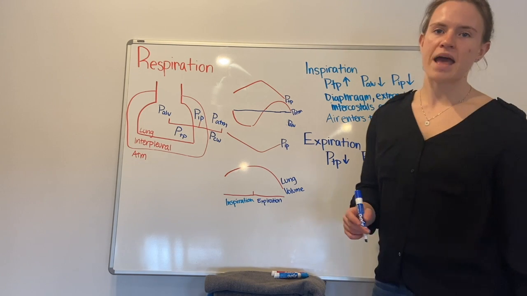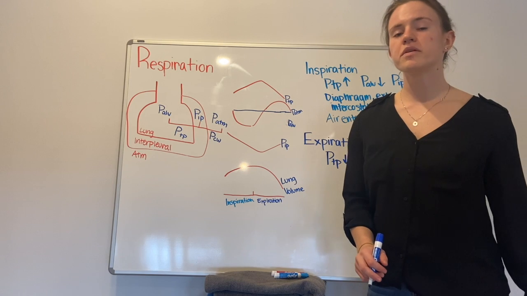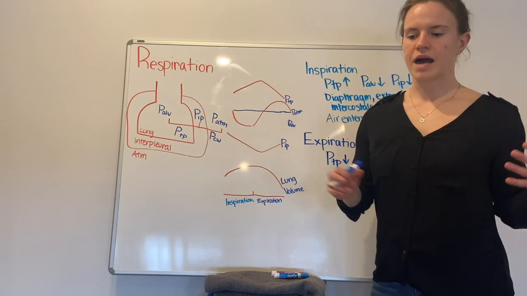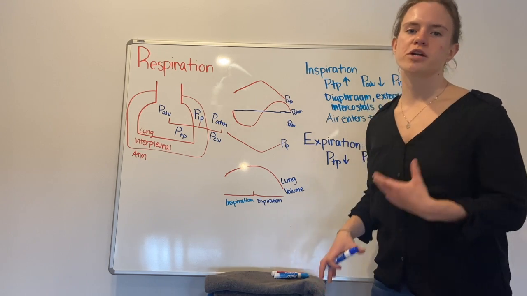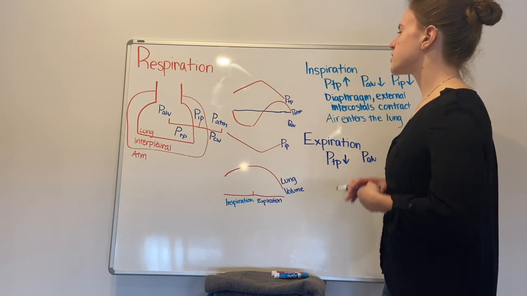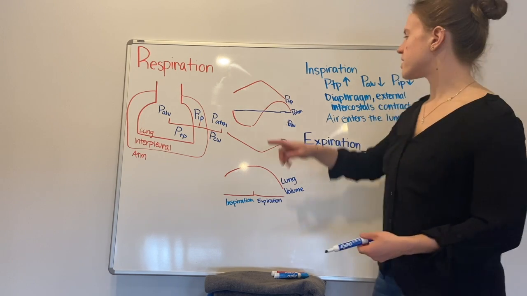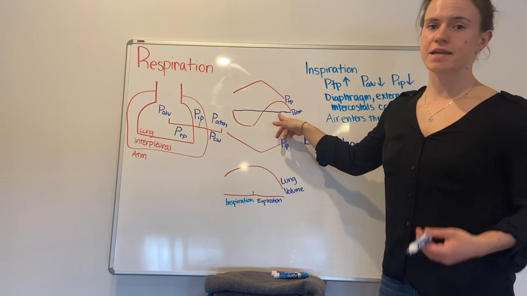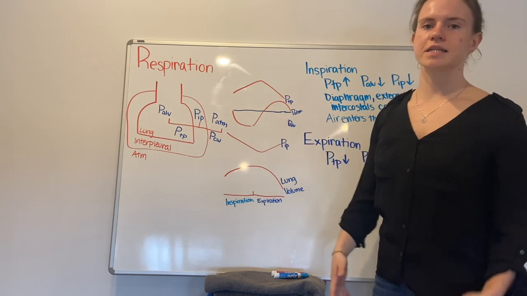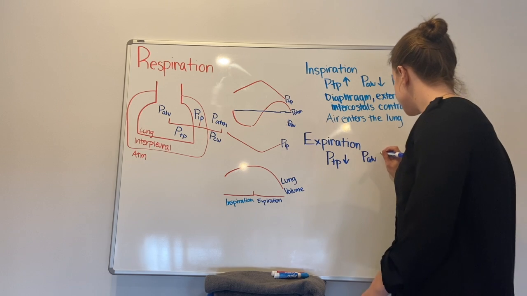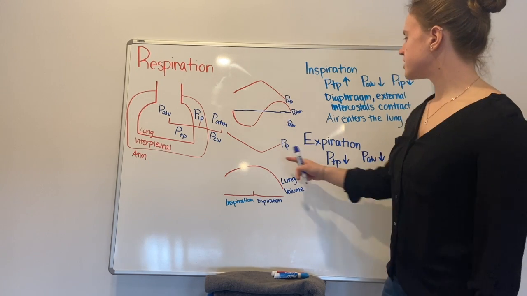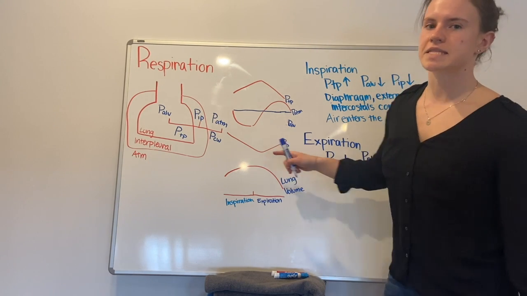Regardless, it's going to go above atmospheric pressure, and like we said before, things go from high pressure, high concentration to low pressure, low concentration. So as long as our alveolar pressure is above our atmospheric pressure, which we can see here, air is going to leave the lungs. So alveolar decreases, and our interpleural pressure is going to become less negative.